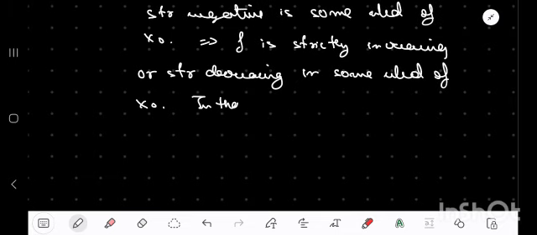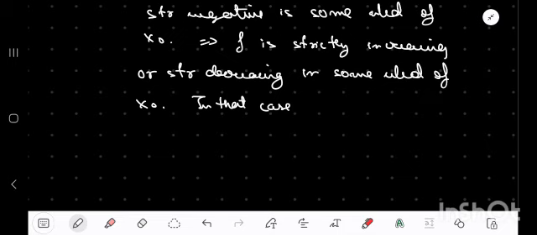In that case, we know that every strictly monotone function is injective, right? So if I have a function which is continuously differentiable, this follows from the continuity, that is why we require the derivative to be continuous. If the derivative at a point is non-zero, then it must be strictly positive or strictly negative, and due to the continuity of f prime, that holds in some neighborhood of x naught.